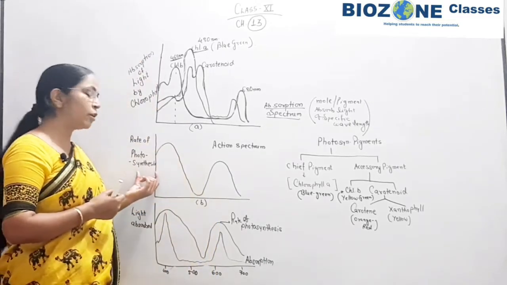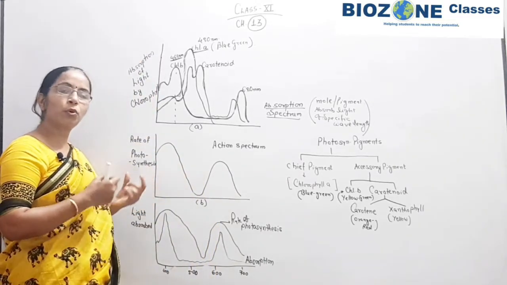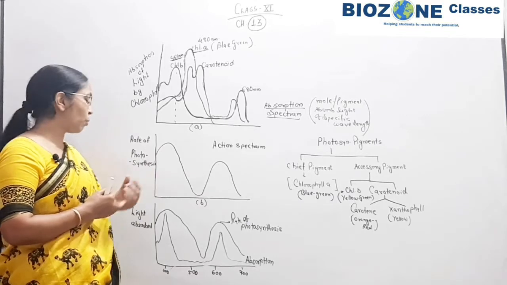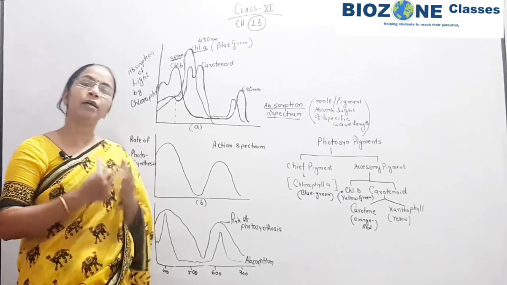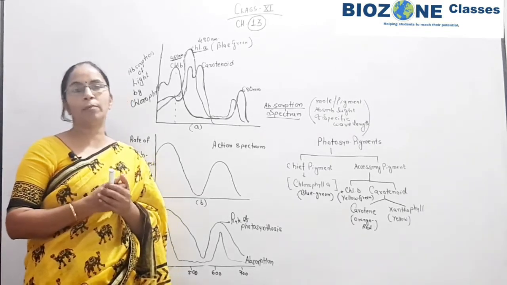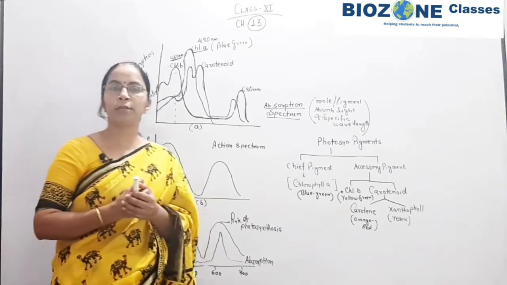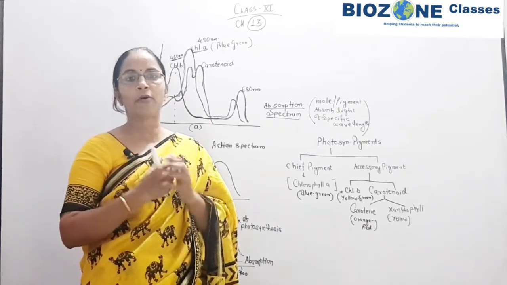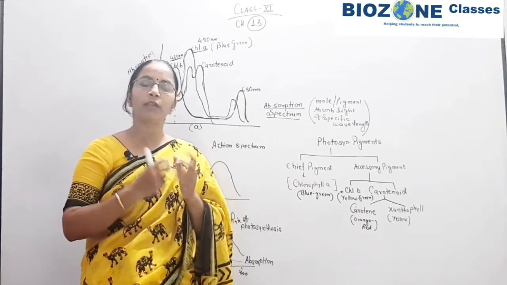At this point you read very well, go through the NCERT thoroughly. Here it is mentioned: by evolution of oxygen. By counting the oxygen bubbles in Ganong's apparatus, we use Wilmot's bubbler.